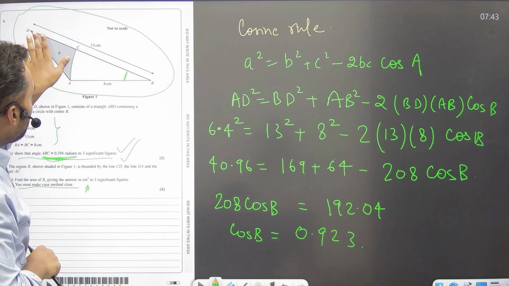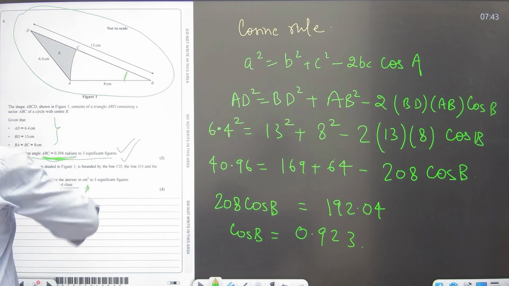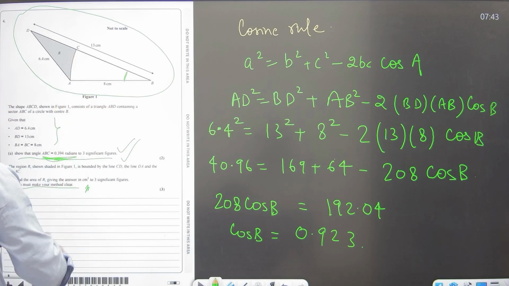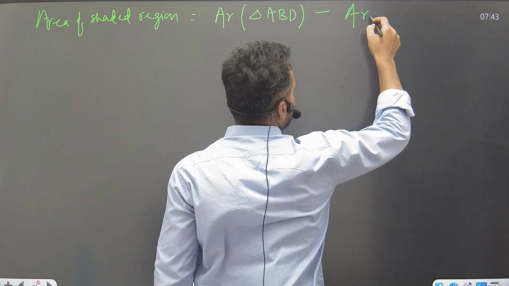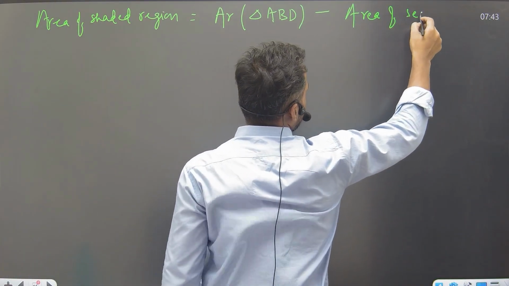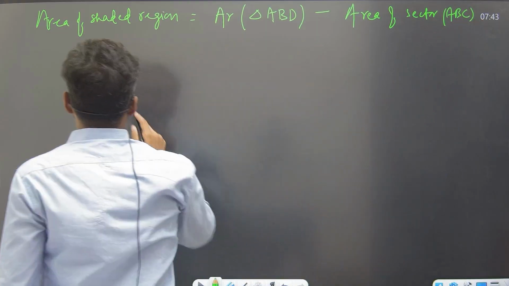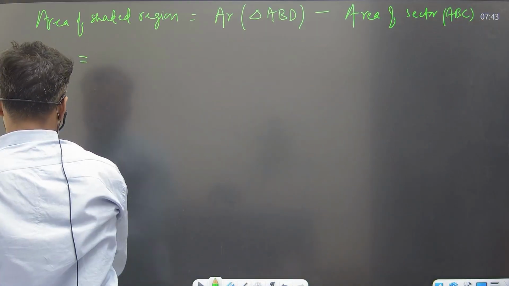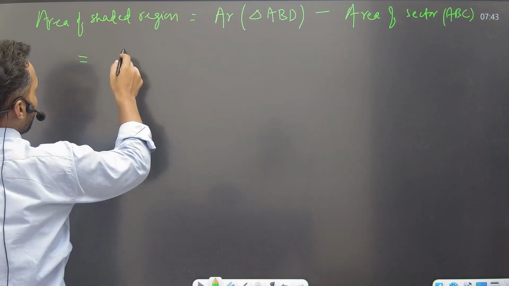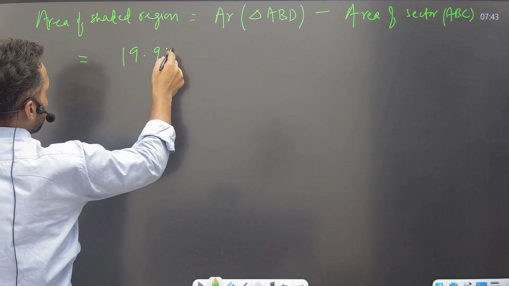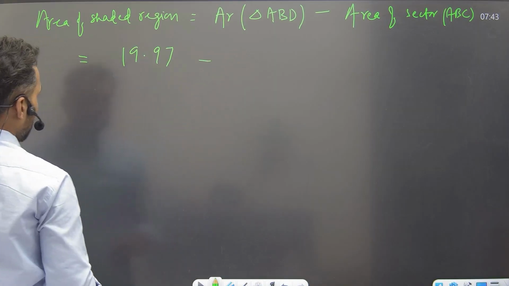Then only you will be able to find the area of a region R. So negative of area of a sector ABC. Okay, so it will be equals to area of the bigger triangle, 19.97, negative of area of a sector ABC.